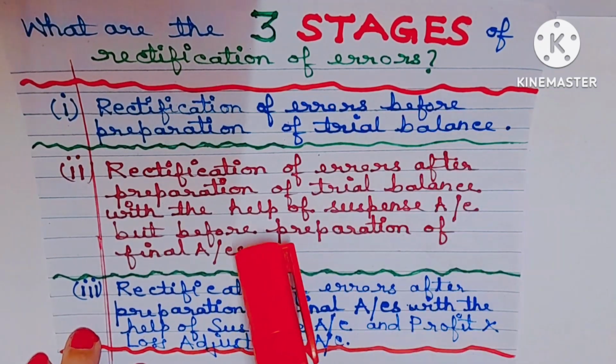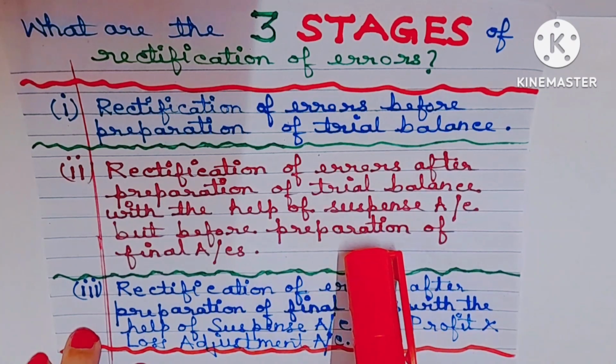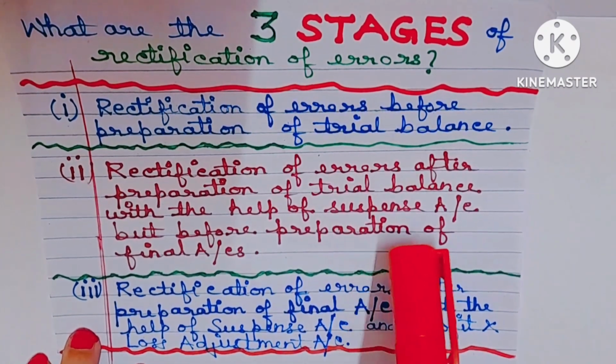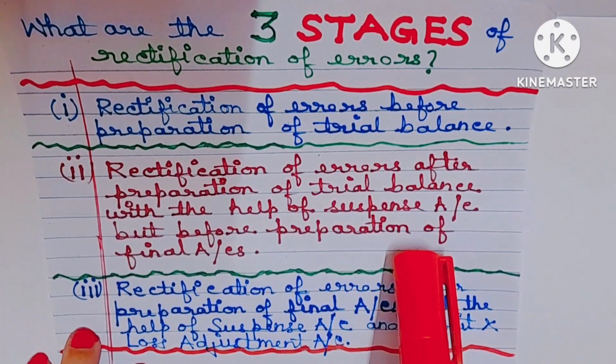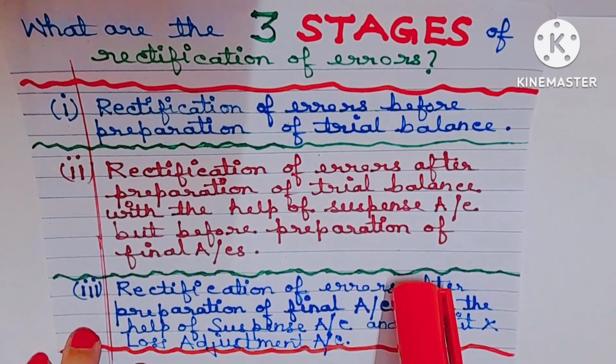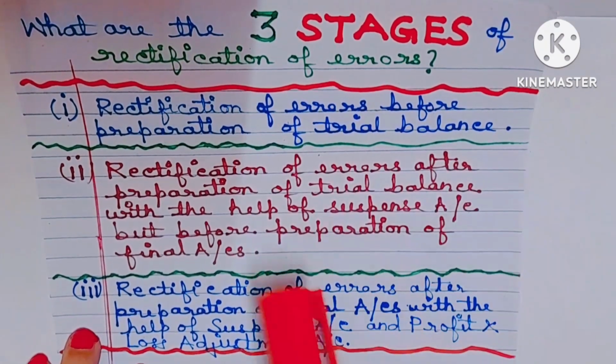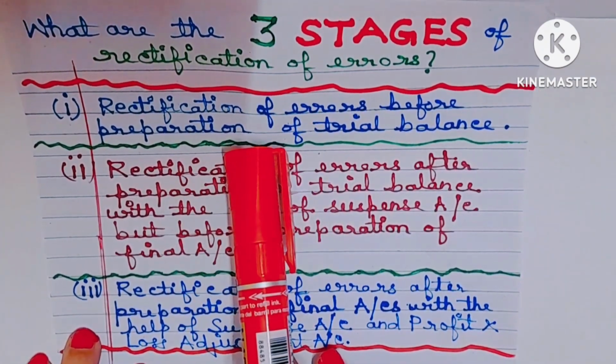Understood? Rectification of two-sided errors in case of rectification of errors after preparation of trial balance but before the preparation of final accounts. To rectify two-sided errors, suitable journal entry is passed, just like the first stage. Okay?